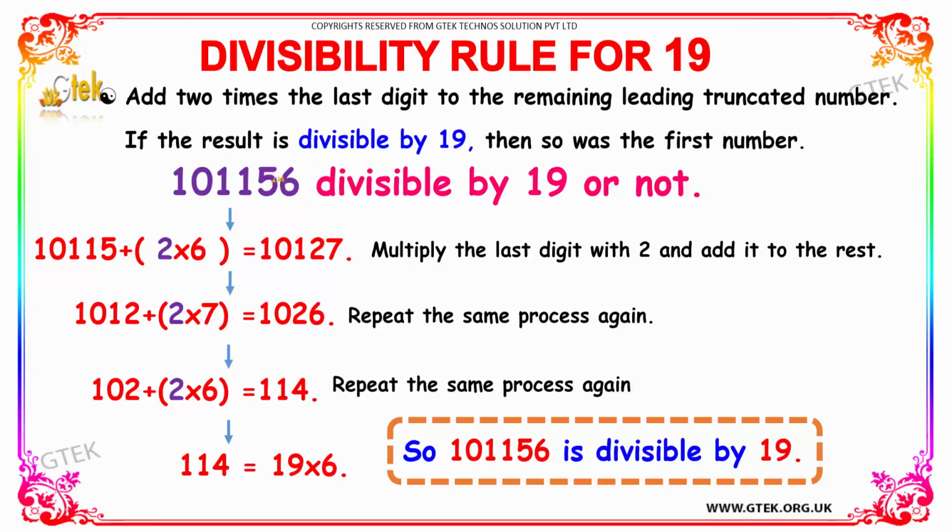To check whether this number is divisible by 19 or not, we have to multiply the last digit by 2. So 6 multiplied by 2 gives you 12.